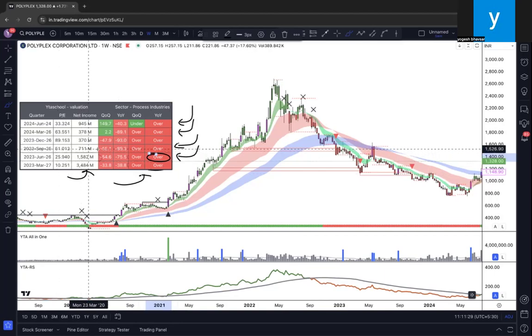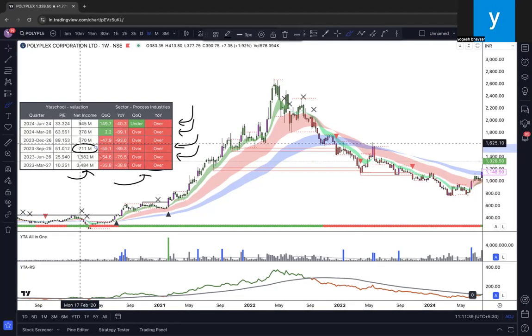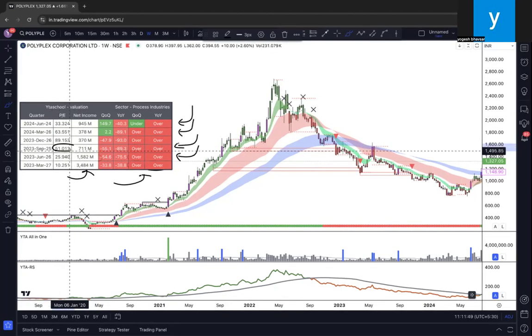What came in the third quarter? In the third quarter, the company came in at even half. By this time, from 3,000 to 700, the company had already lost almost 100% from top to bottom. And again the PE shot up to double.